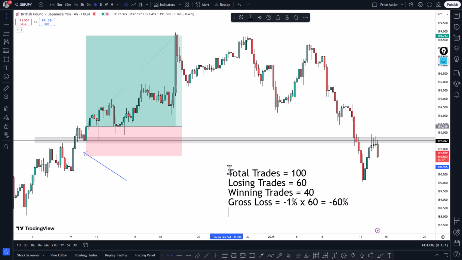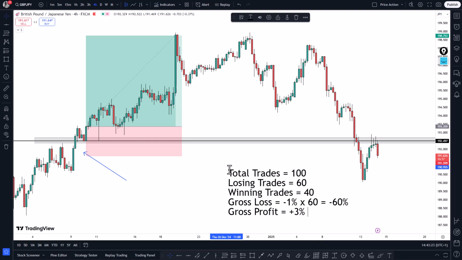How about your gross profit? Well, each winning trade you took gave you a positive return of 3% of your account's capital, because remember the risk reward ratio, we're risking 1 to make 3. So you were always risking 1 to make 3.